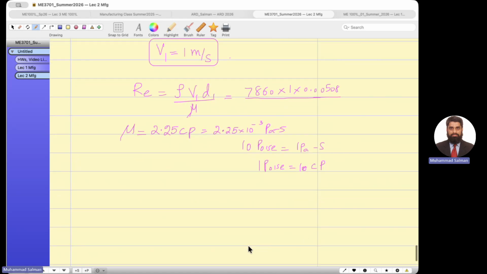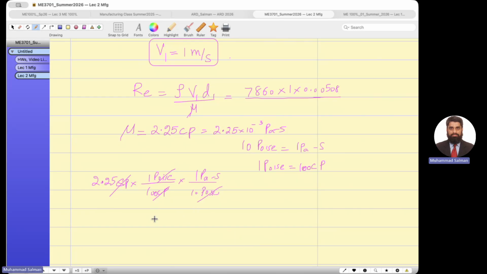So you can convert from 2.25 centipoise, 100 centipoise equal to 1 poise, and 10 poise equals 1 Pascal second. So poise cancels, centipoise cancels. I'm sorry, this should be 100.